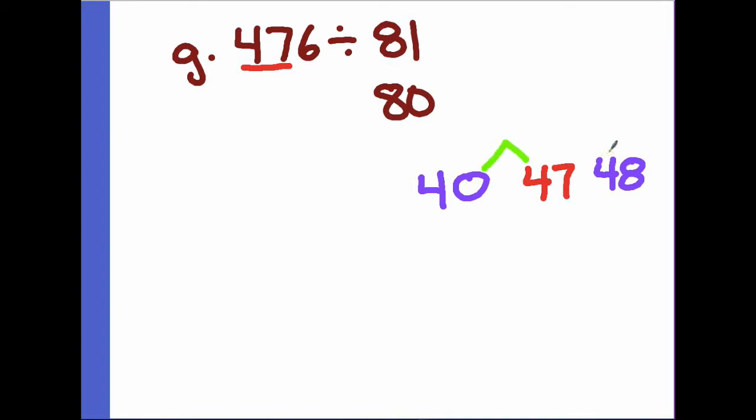You're going to make your little carrots. 40 to 47, how many spaces is that? 7. 47 to 48, how many spaces is that? Which one's it closest to? 48.